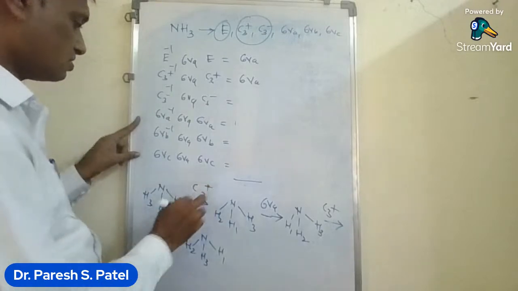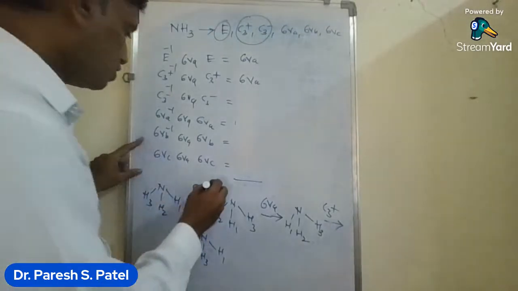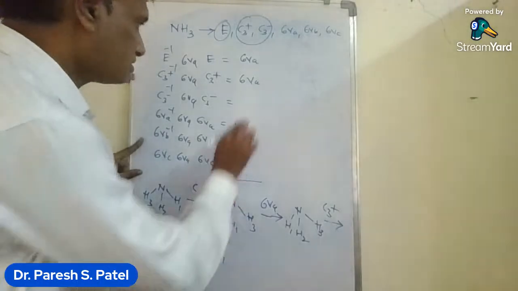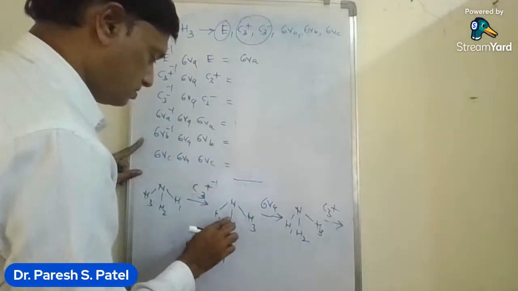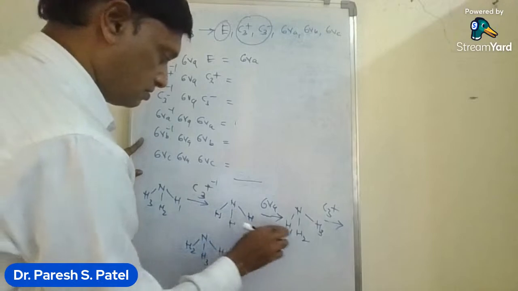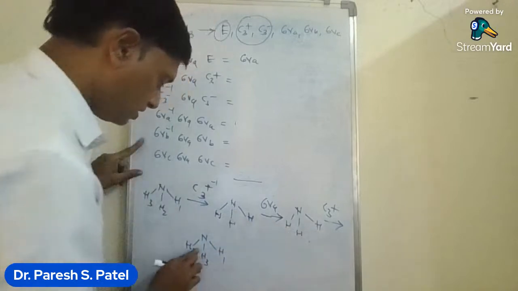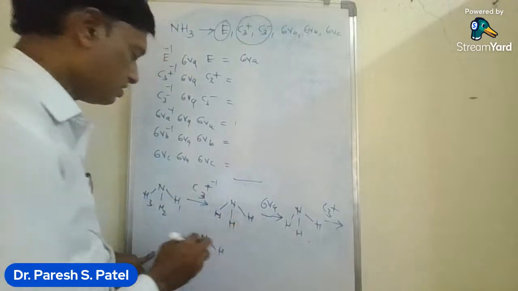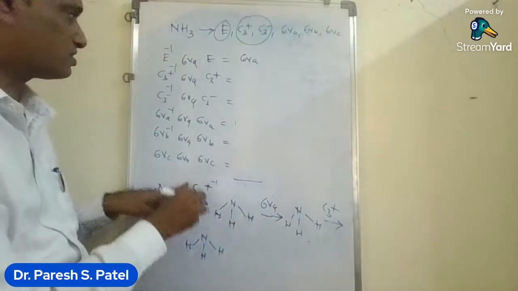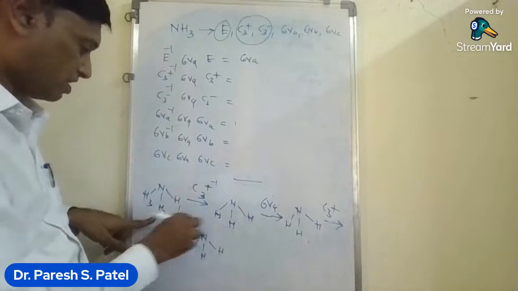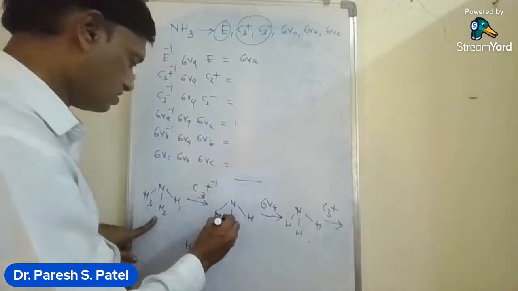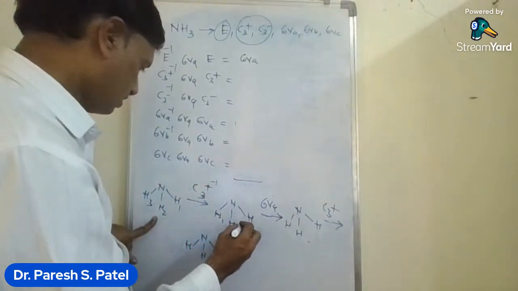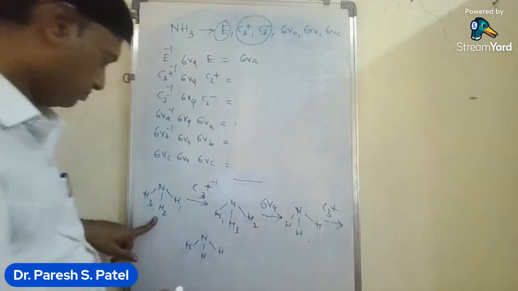Similarly, C3 plus inverse. It means we have to rotate anti-clockwise, 1, 3 and 2.